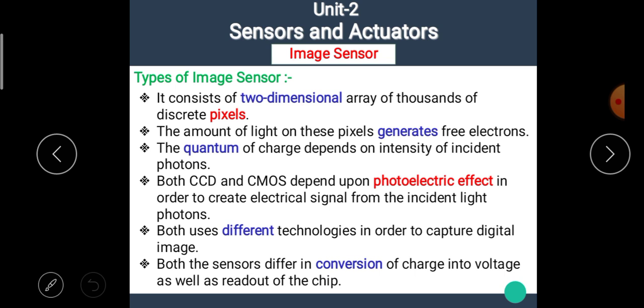The image sensor consists of a two-dimensional array of thousands of discrete pixels. We know that the pixel is the smallest discrete part of the image. Okay, the amount of light on this pixel generates free electrons. As the amount of light falls on this pixel, the light is converted into electrons.